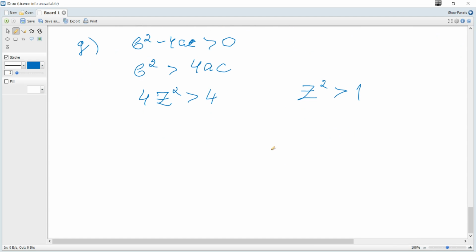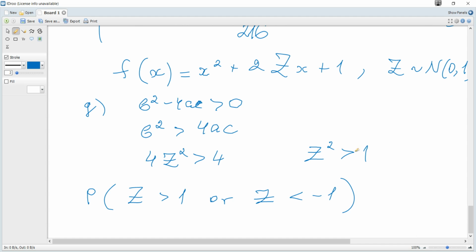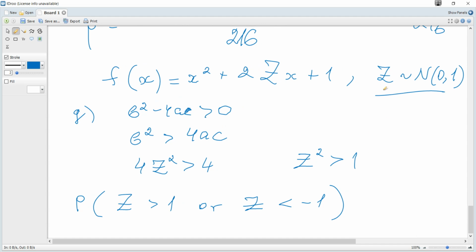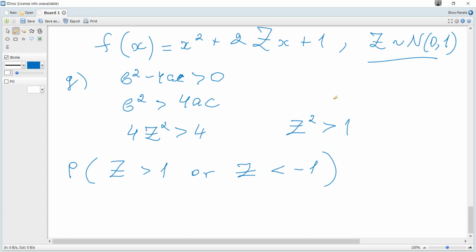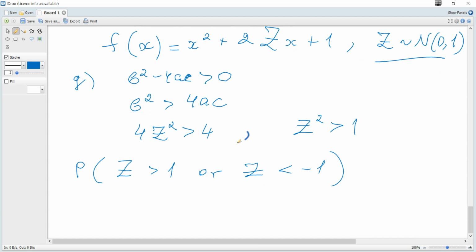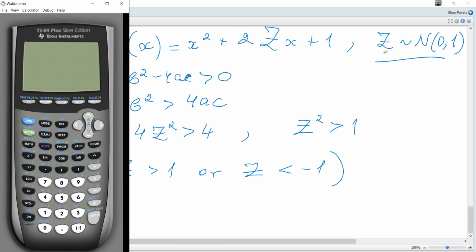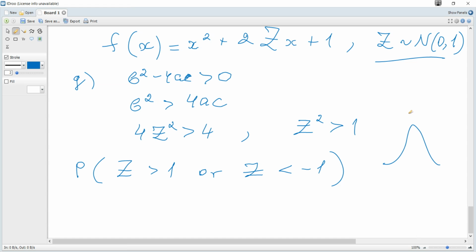And for z squared to be greater than 1, we need the probability that z is greater than 1 or z is less than negative 1, where z is distributed normally with parameters 0, 1. Just using a calculator, and you remember that this normal distribution is symmetrical about 0, so greater than 1 or less than negative 1 will be symmetrical.